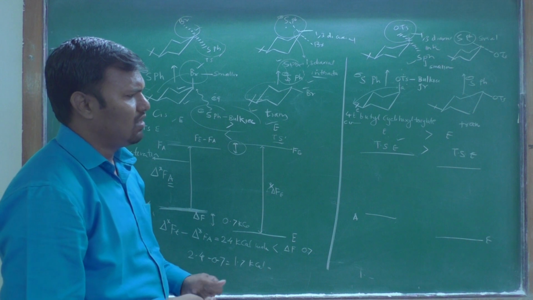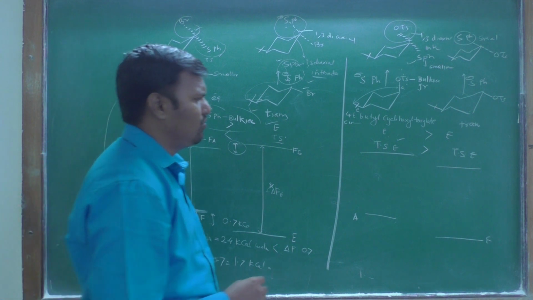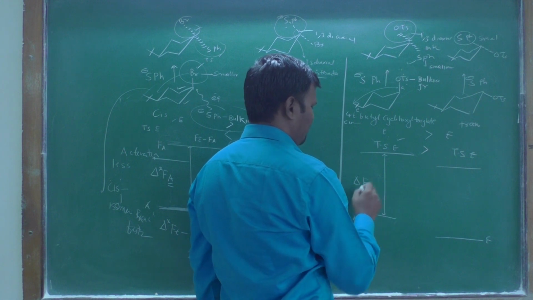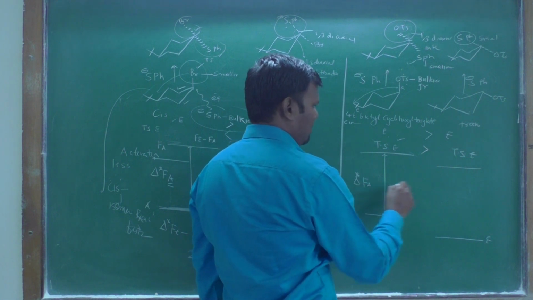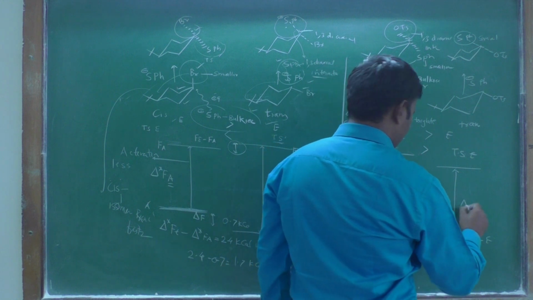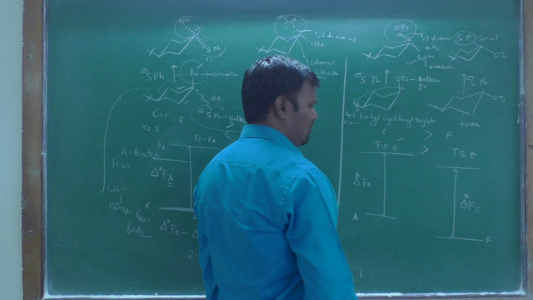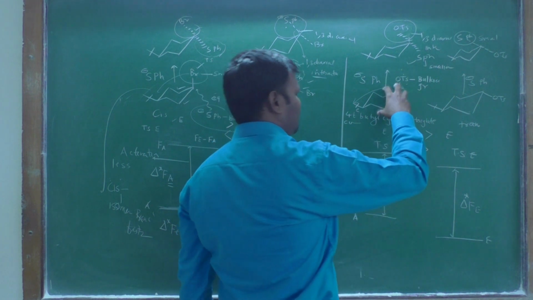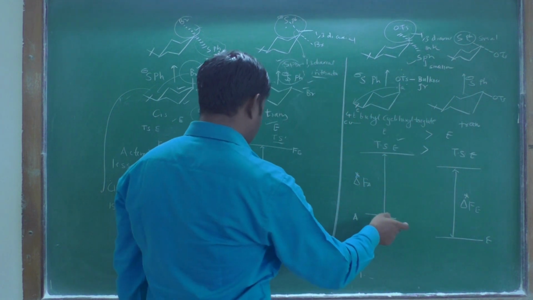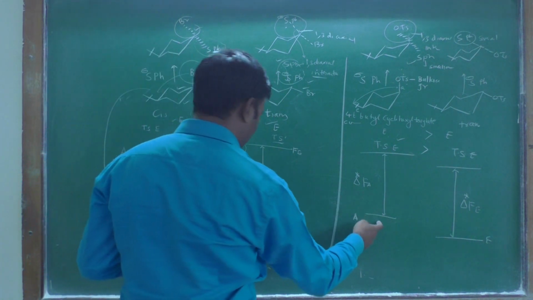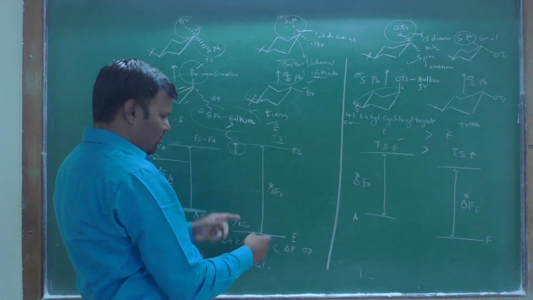By observation you can find the transition state energies, this is delta F star A and this is delta F star E. In this case also, the axial energy is higher, and the equatorial energy is less.